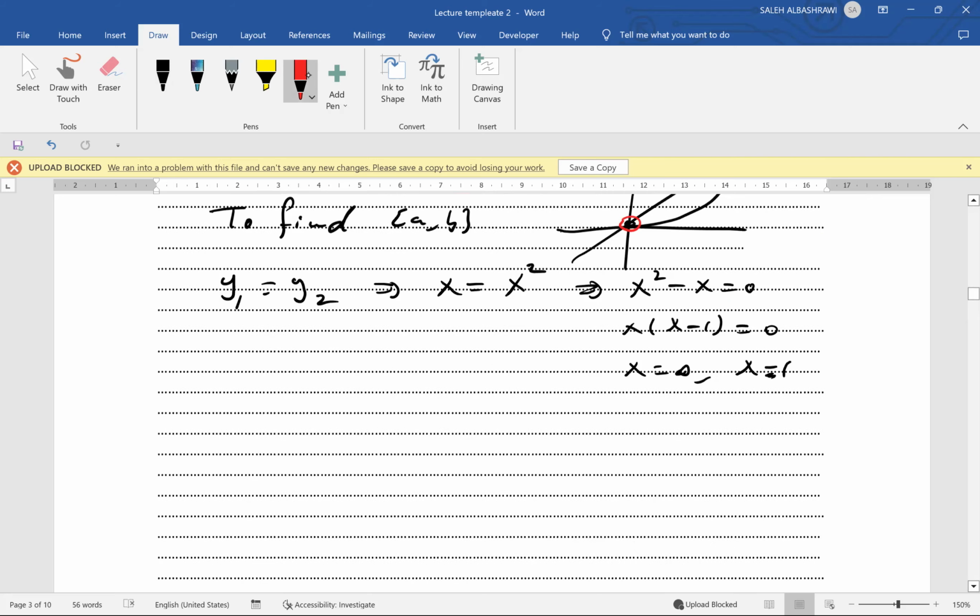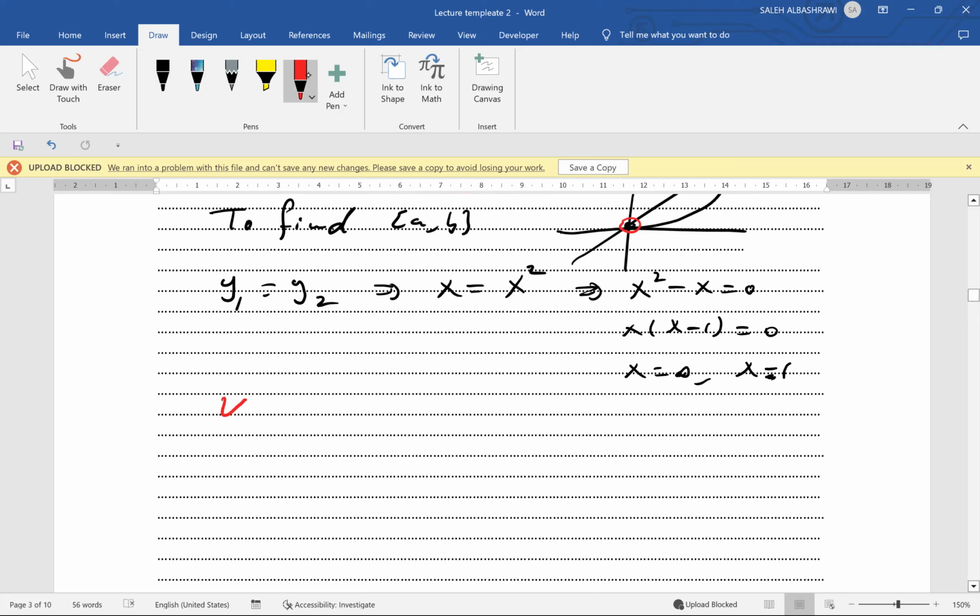So the volume in this case will be from 0 to 1 of the cross-section A(x) dx, which is equal to the integral from 0 to 1 of pi multiplied by x squared minus x to power 4 dx.